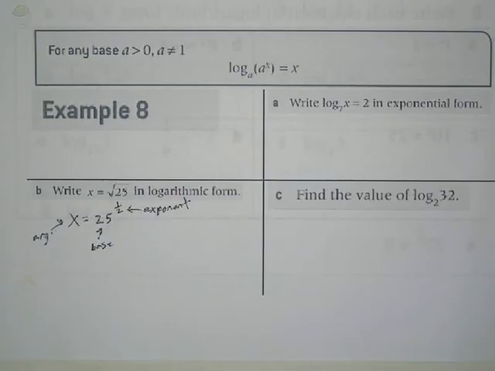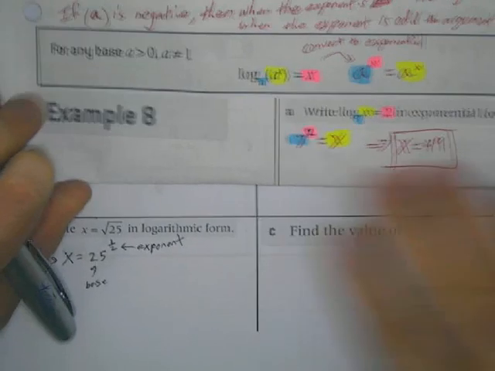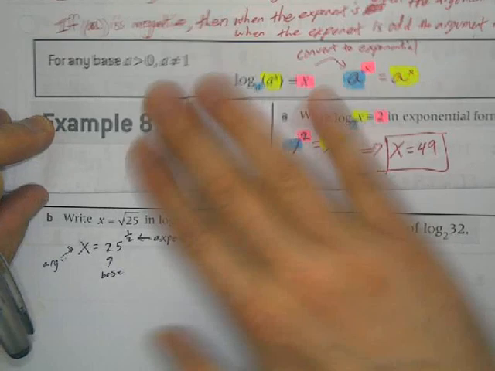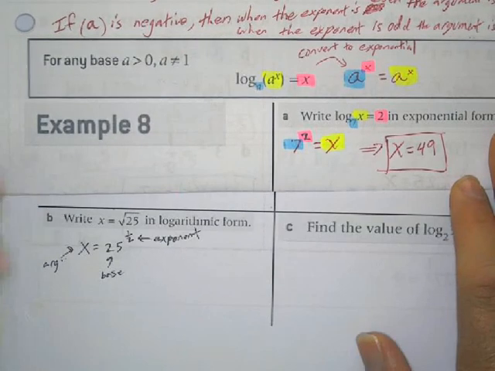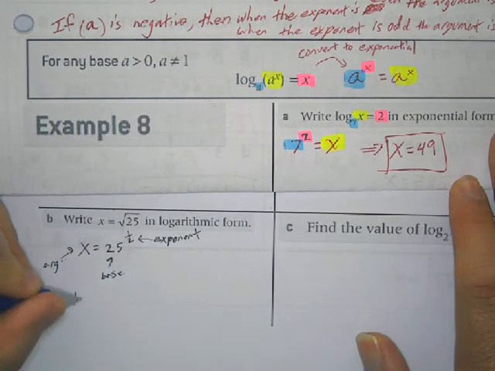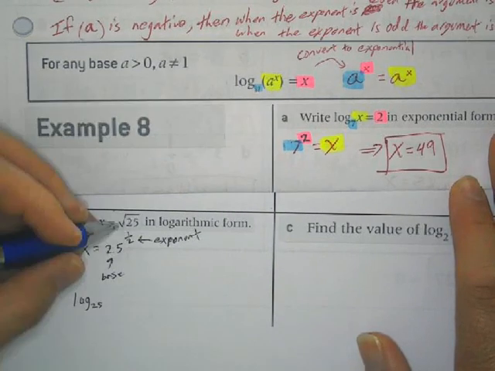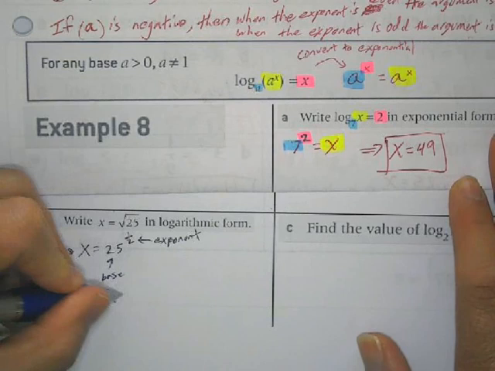And using this relationship, I'm going to rewrite this in logarithmic form. I'm going to write this as log base 25 x equals 1/2.